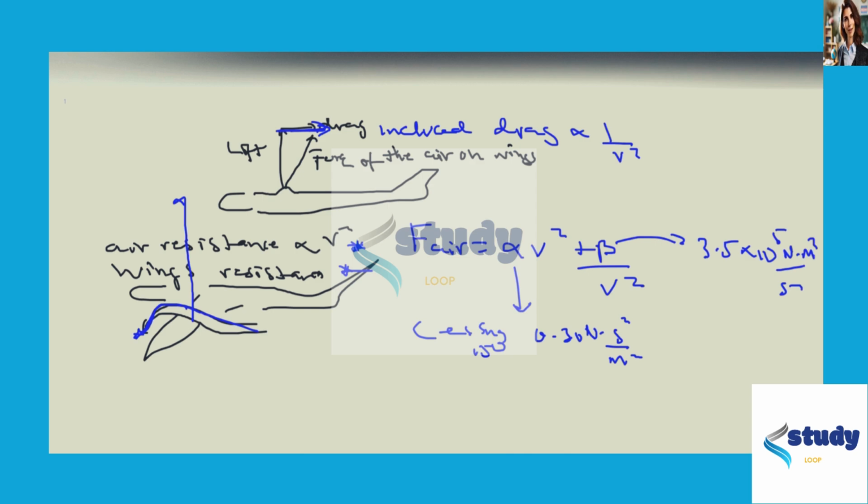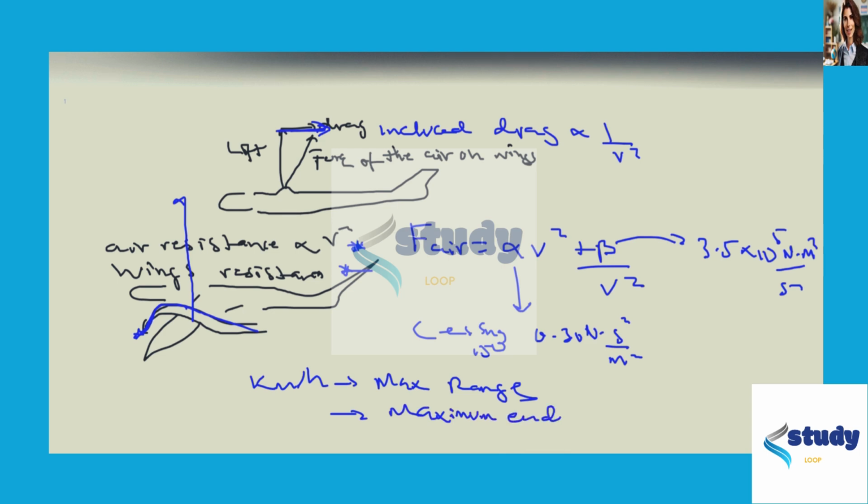So there are two things we're looking at in this problem. The first part is that we're going to transform things in kilometers per hour. We want to get the maximum range of the plane. And then the second part is we want to get the maximum endurance of the plane.